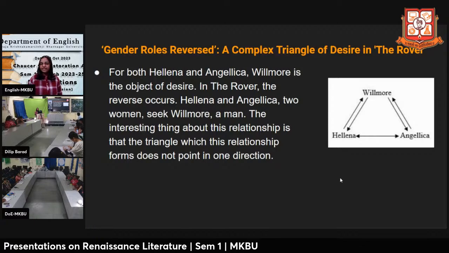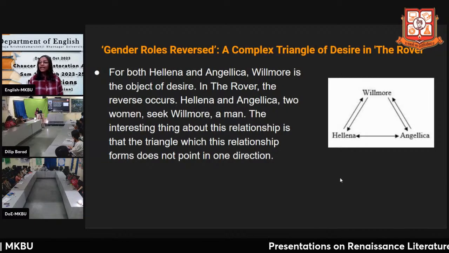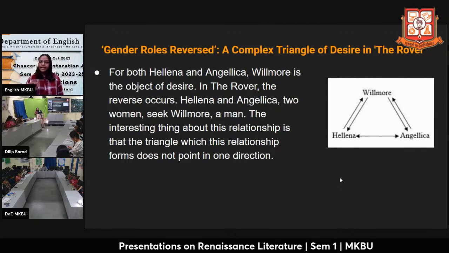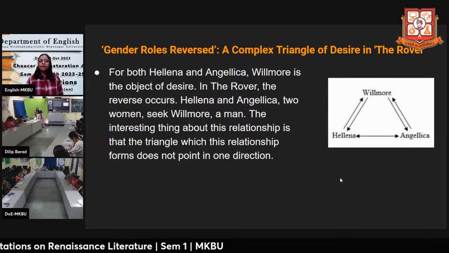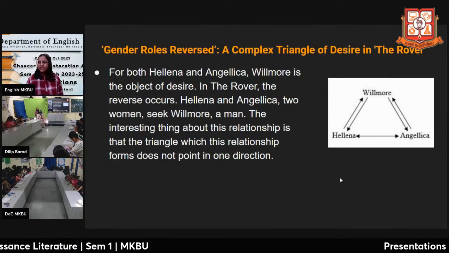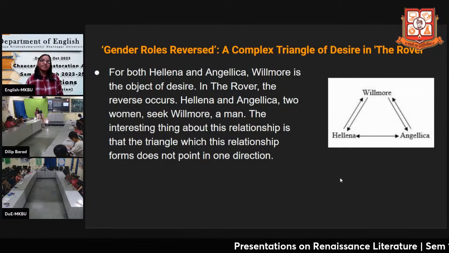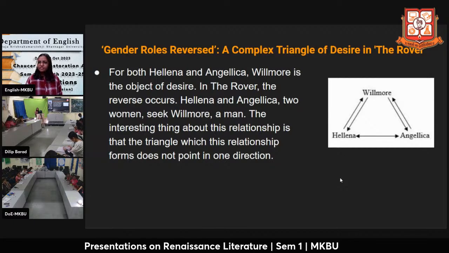Willmore is infatuated with Angelica also, but he does not accept Angelica because she is a prostitute. While Helena is the kind of woman who knows that Willmore is interested in other women also, she sacrifices, as if to say it's okay, and I am expecting Willmore.